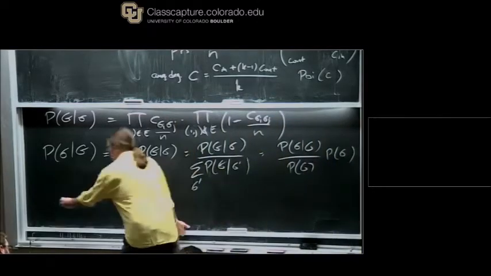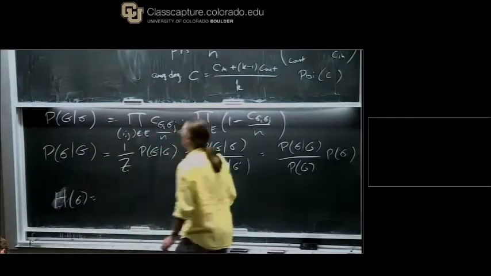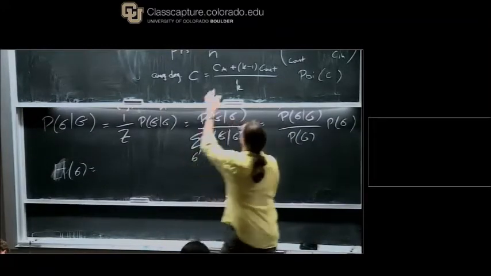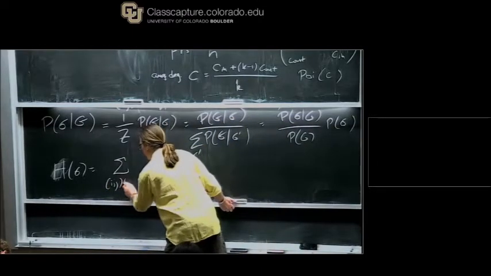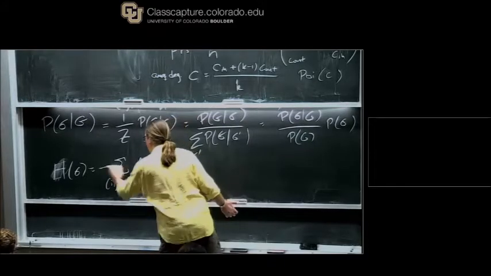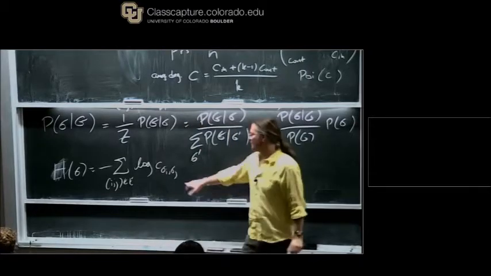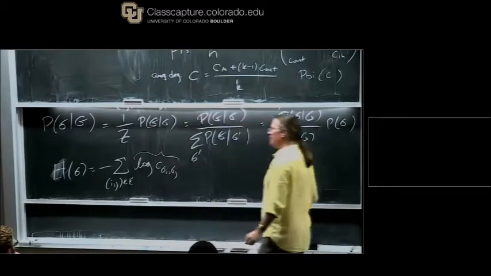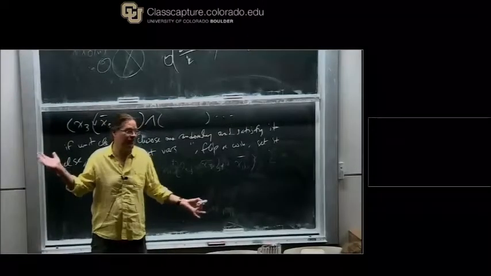And then the energy, or let's call it the Hamiltonian, when I take logs and remove a couple of constants, like that factor of n, is the sum over all neighboring pairs, with a minus, of the log of this little coupling, which depends on their states. So if you looked at this thing as a whole, you would say this is a generalized Potts model, where there is an energy between neighboring pairs which depends somehow on their states.